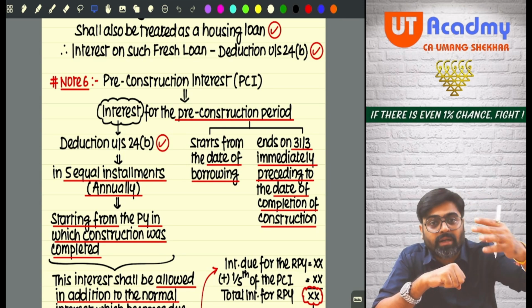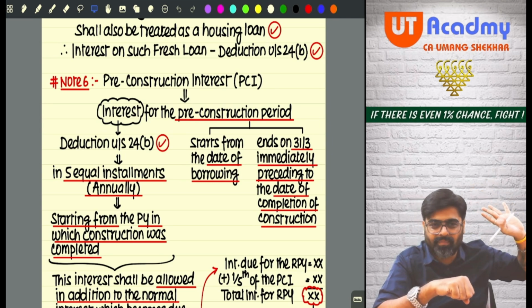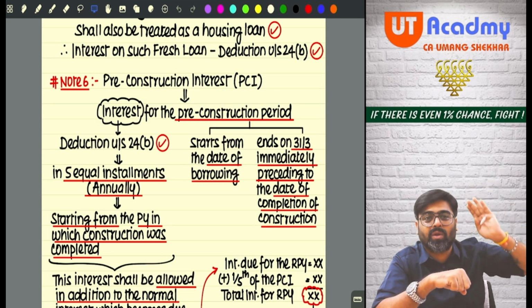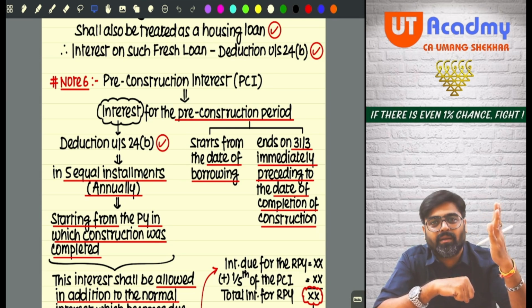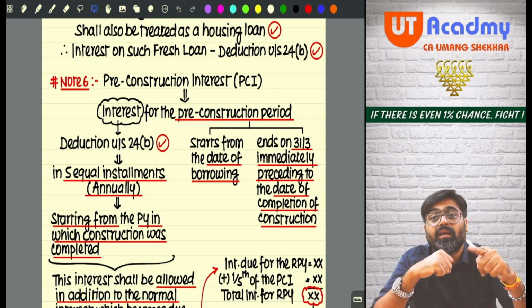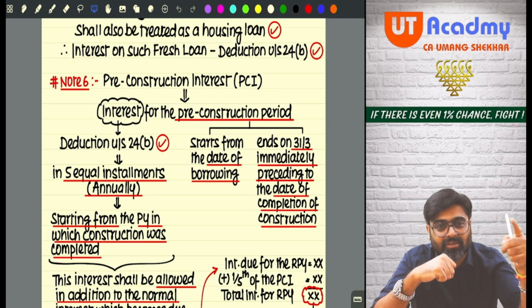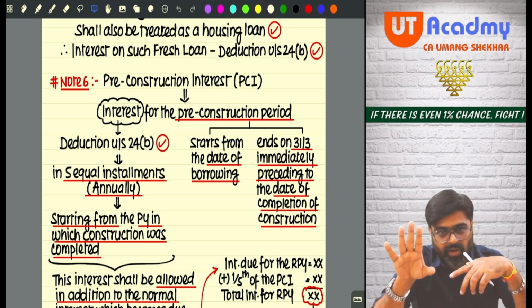To continue this construction, you have taken the loan. Construction can start anytime. It can start prior to taking the loan. It can start after taking the loan. Irrelevant. But the date on which you are taking the loan, from that date only, your interest starts accruing, no? So always take the date of borrowing.